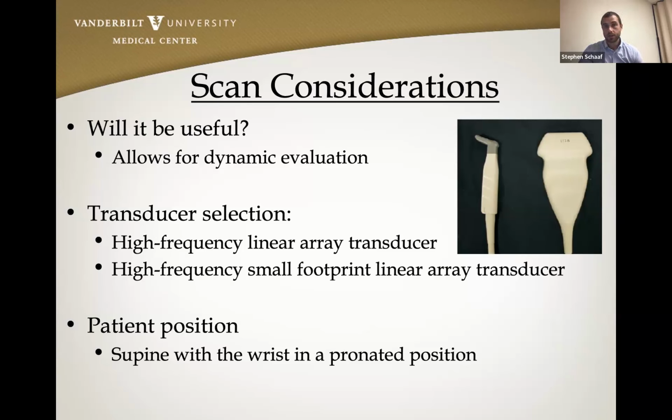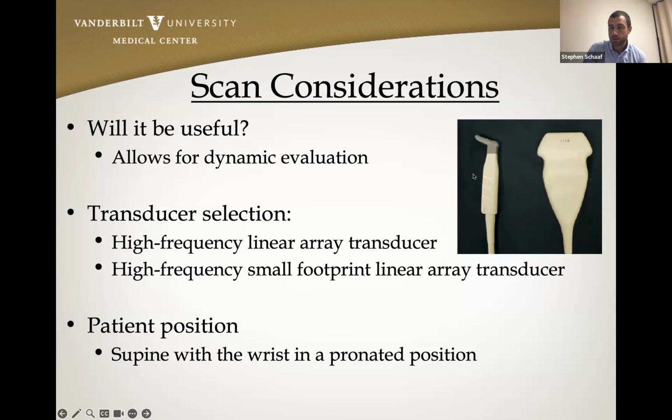Other considerations, when we're going into the scan, is always transducer selection. Usually for these scans, I flip back and forth between a high frequency linear array transducer, which we see on the upper right here, and then a high frequency small footprint, or hockey stick, transducer.